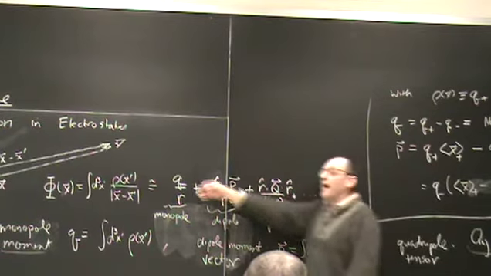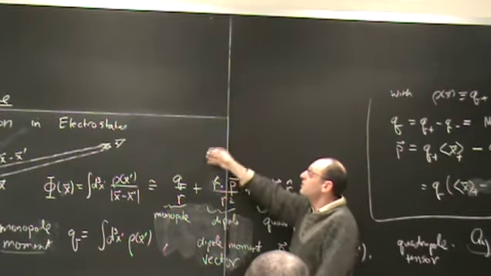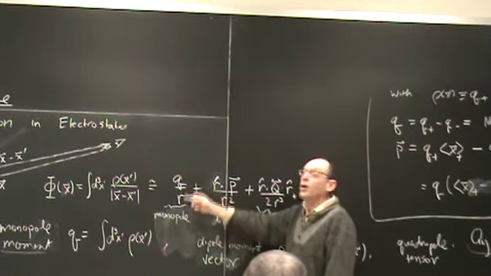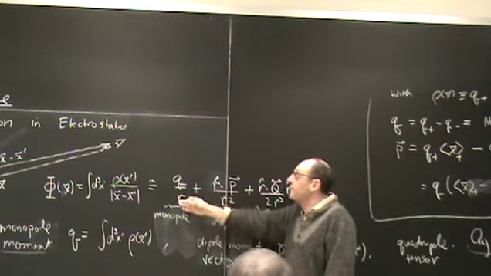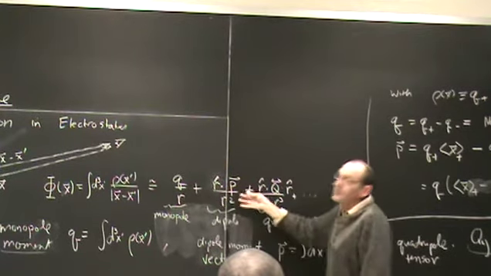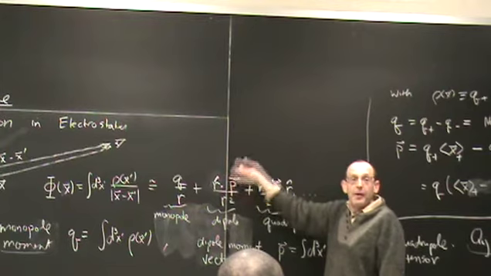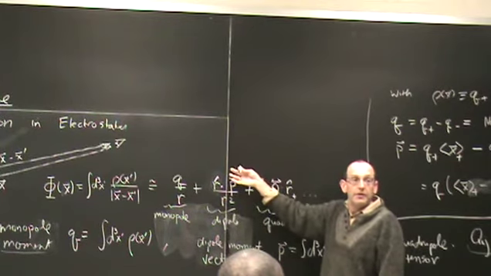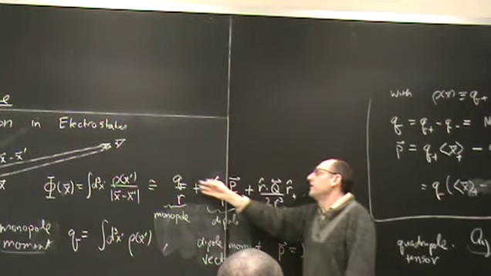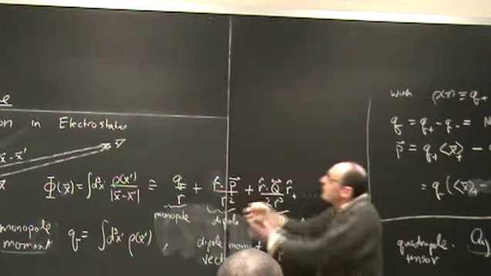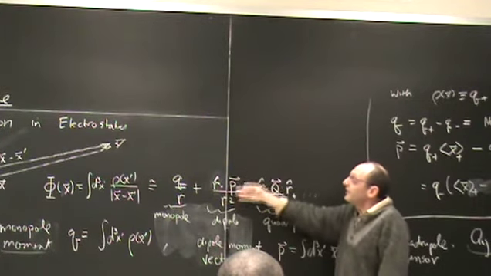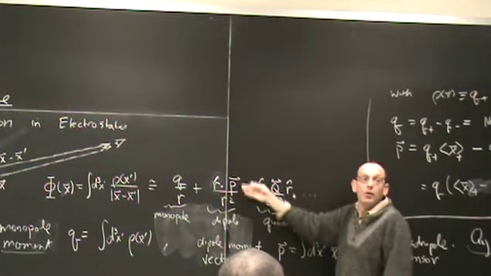So if I'm very far away from a charge distribution with a net charge, it looks like a point charge. If that vanishes, because there are equal amounts of positive and negative charges, but they're separated in some way, then the next thing I would imagine is a dipole moment.